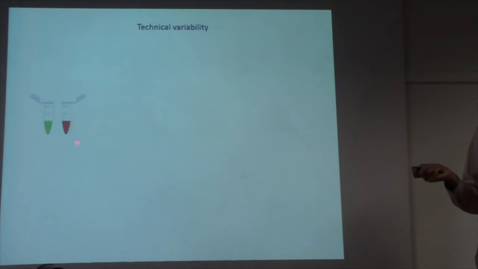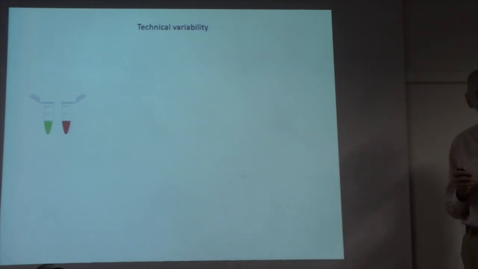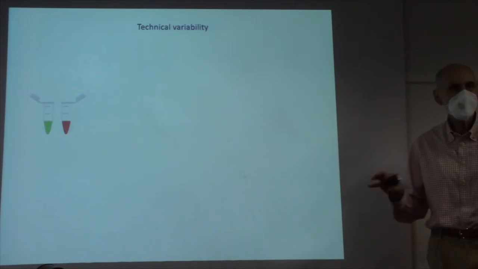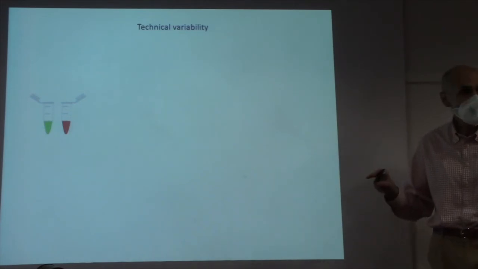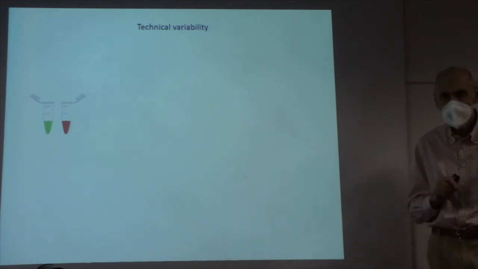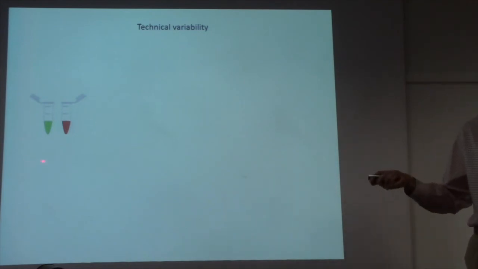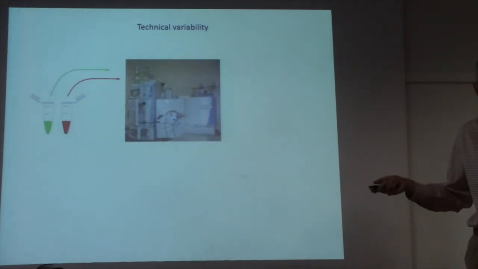Okay, let's say we are analyzing two theoretical identical biological samples. Say these are two cell extracts coming from two identical cultures that we extracted separately, right? So in principle they should be identical. We want to know what proteins they contain. In order to do that we use mass spectrometry.